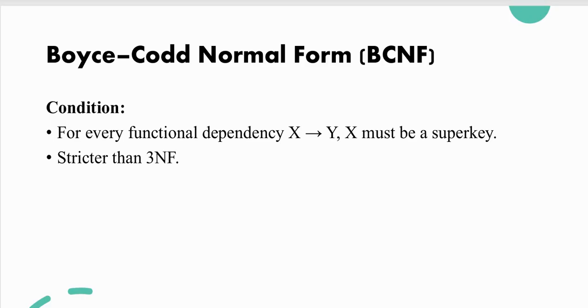So the condition here is that for every functional dependency, that is X determines Y, X must be a super key. Okay, so that is the condition. It is stricter than third norm, and for every functional dependency X determines Y, this X should be a super key.